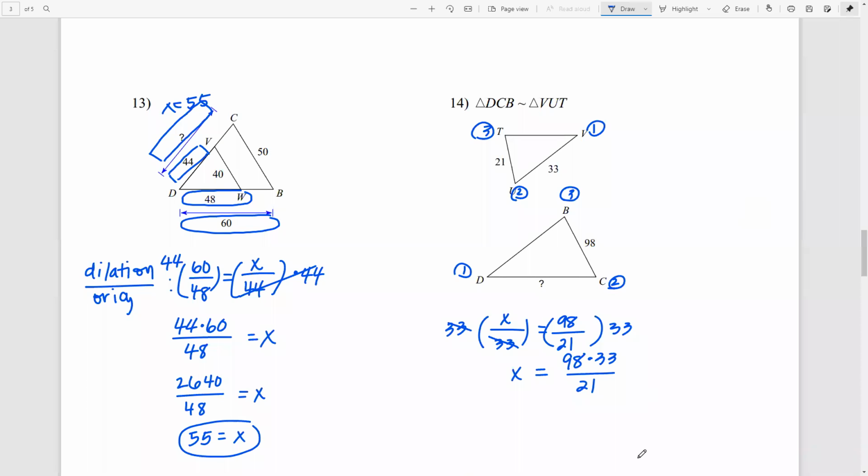Now that we've multiplied, you should get the total of 3,234 all over 21. Now again, fractions, same thing as division. So we're going to divide by 21 to get a grand total of 154. So my unknown side here, X is 154.